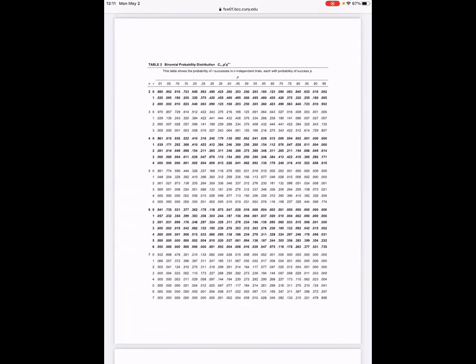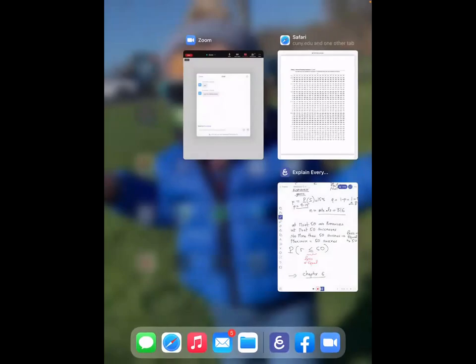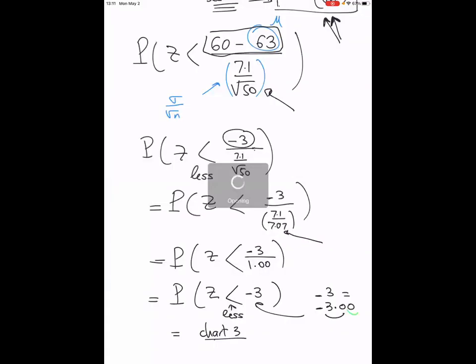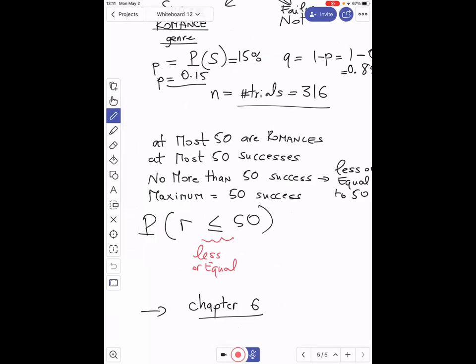But in our exercise, the number of trials n is 316. We have a sample of 316 books.